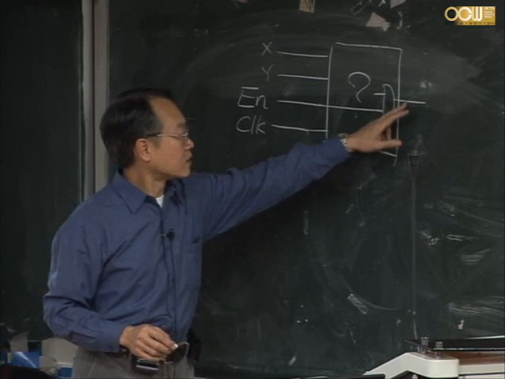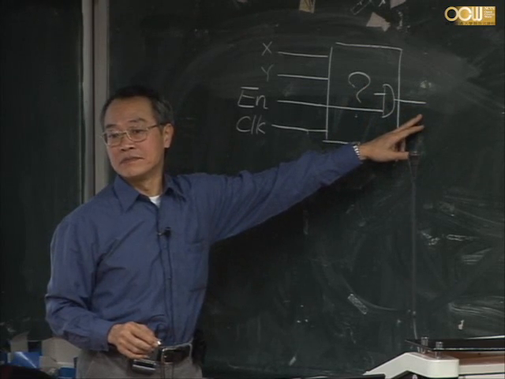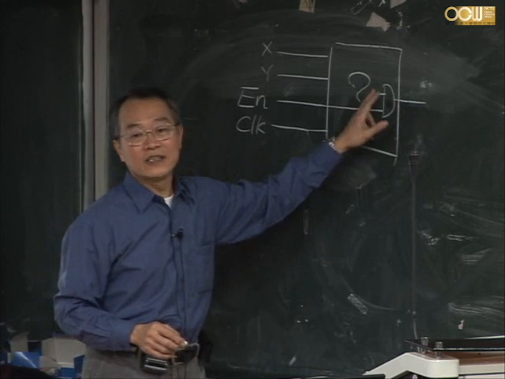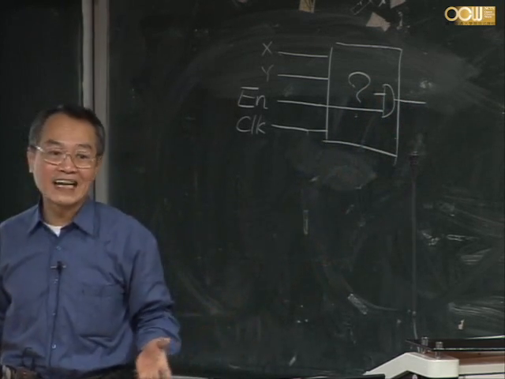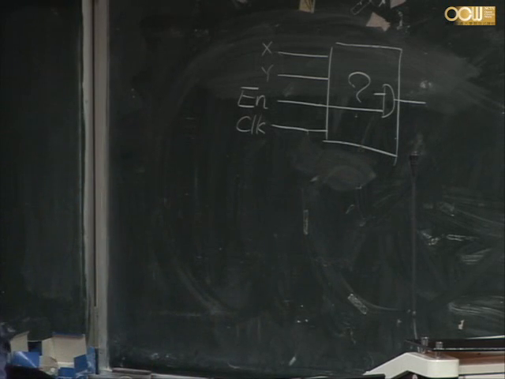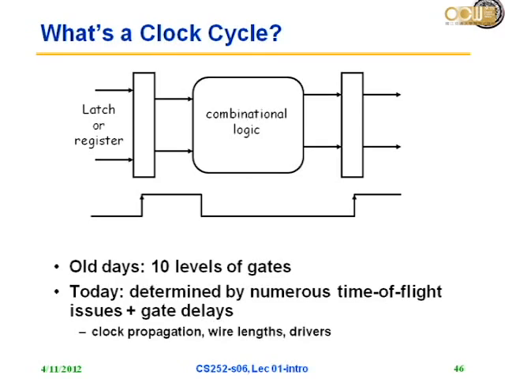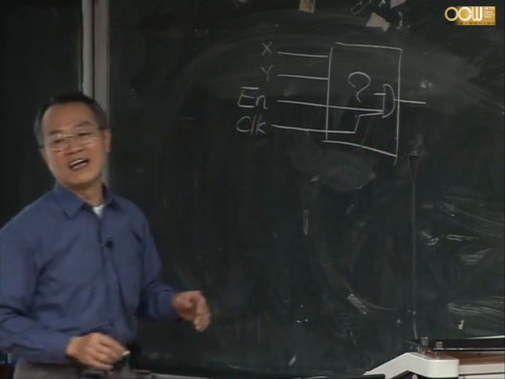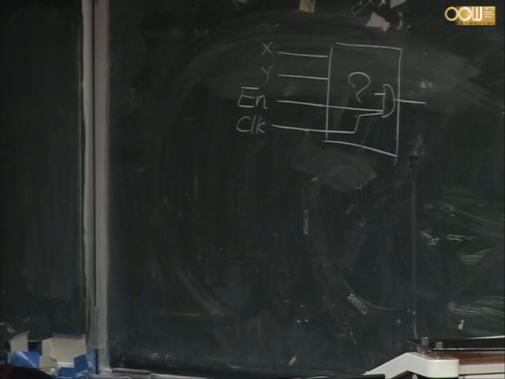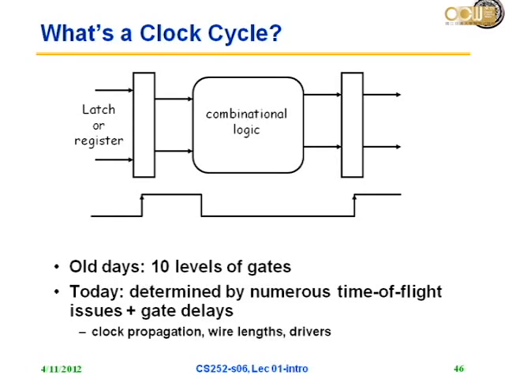If I don't let you go through, then you cannot go through. If I let you go through, then you can go through. Right? Nothing but an input to the final AND gate. That's the enable signal. What about the clock signal? It's nothing but yet another input to the final AND gate. So if you want to call clock an enable, it's okay with me. Nothing but an enable. Okay? Now you understand what clock is.